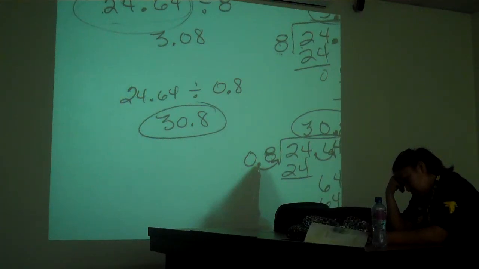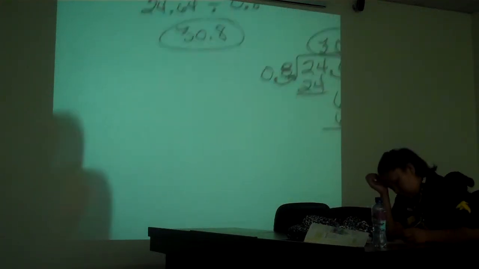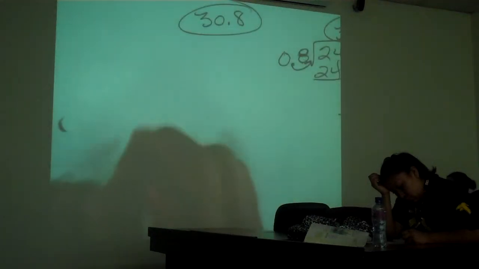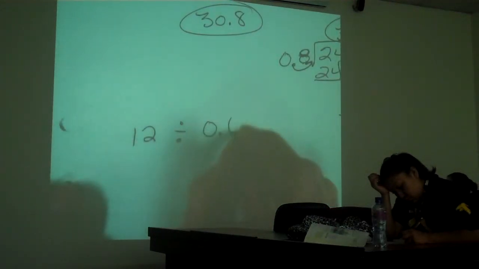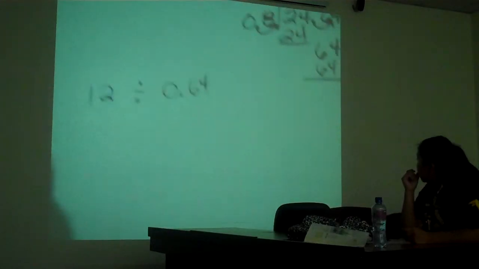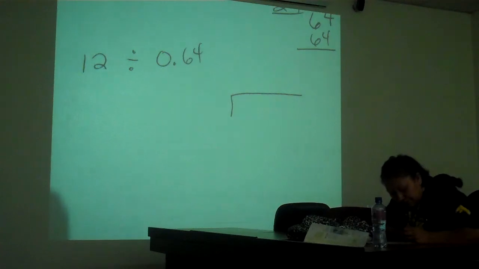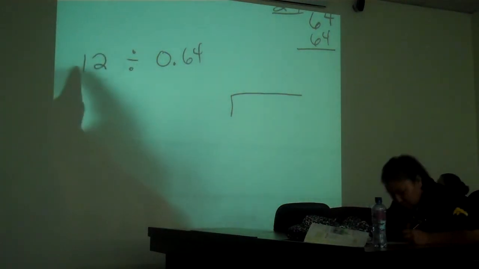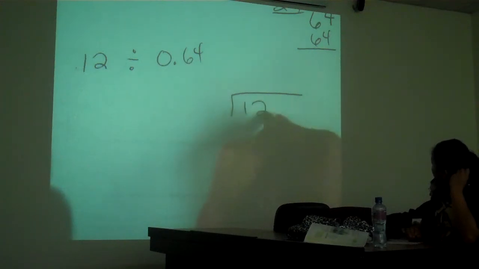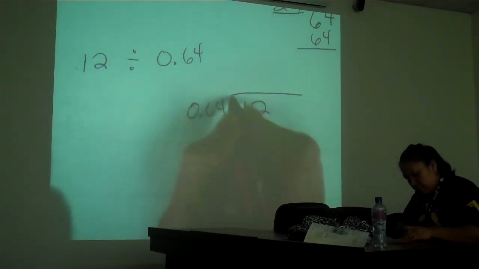Let's see. Let's do some where we have to add. Let's do 12 divided by 0.64. Okay. Which number goes under our division sign? Always the first number. 12. 0.64 will be on the outside.